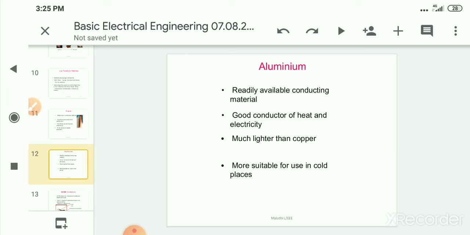For a given resistance, the cross section of the aluminium conductor is 60% greater than that of copper, and its weight is only 48.3% of that of copper conductor.